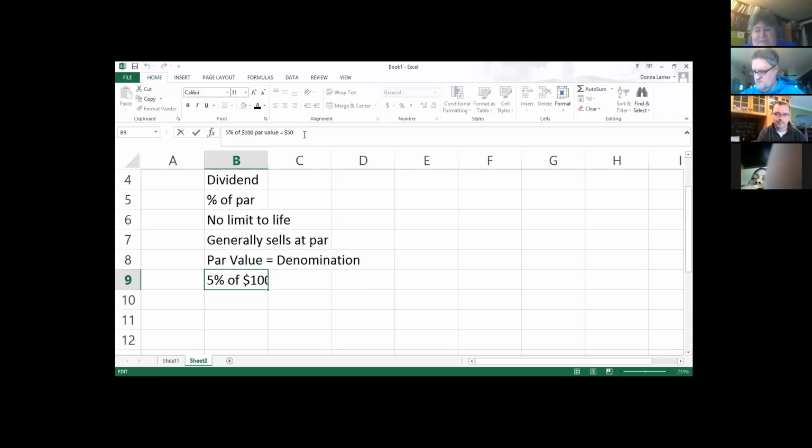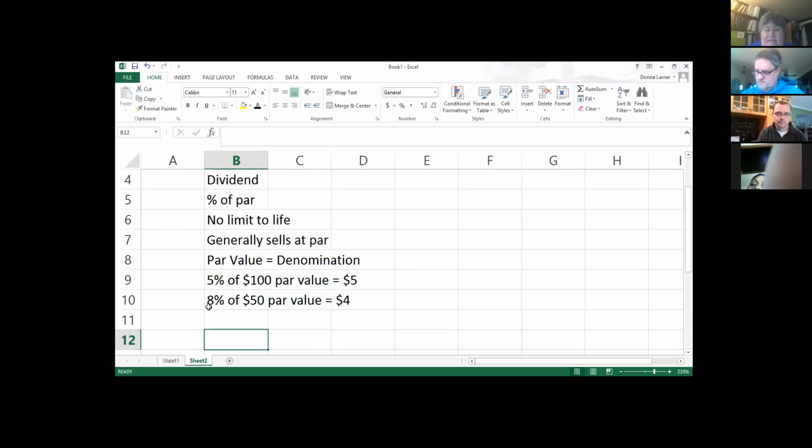Just getting generous with my decimal places here. And it might also say that it has 8% of its $50 par value. So you have to be careful. Don't look at just the percentage. Look at what the par value is. Does that make sense?